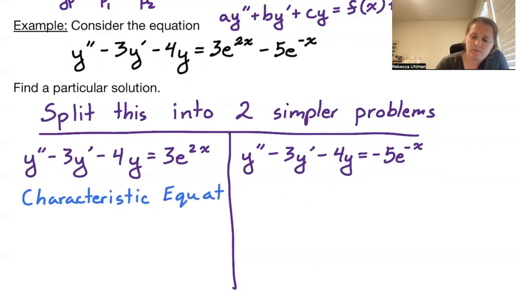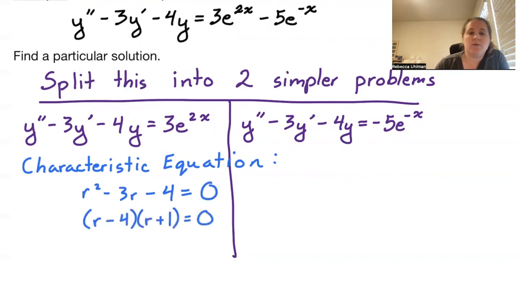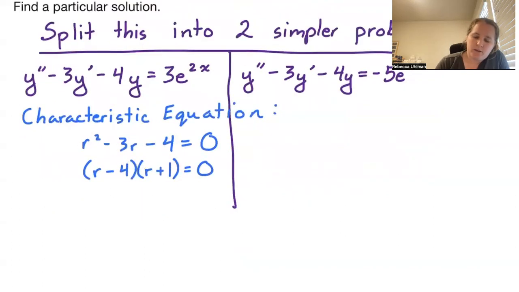I'm just going to go across the lines for the characteristic equation. We are looking at r squared minus 3r minus 4 equals 0, which factors as r minus 4 times r plus 1 equals 0. And we therefore get r equals 4 or r equals negative 1.